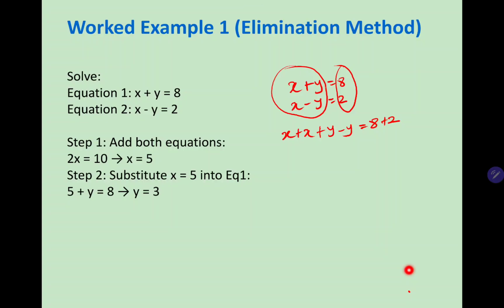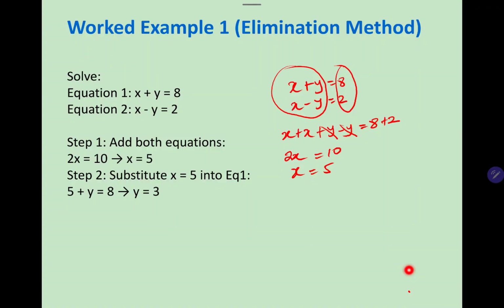We are adding in order to eliminate y. y minus y will go. So x plus x will be 2x is equal to 10, and x is equal to 5.